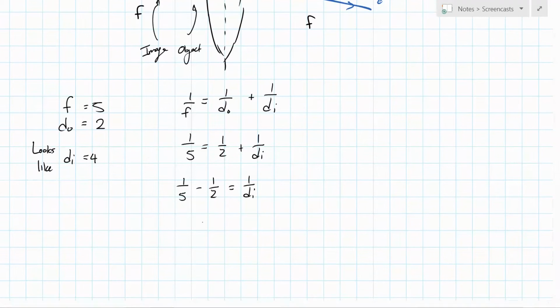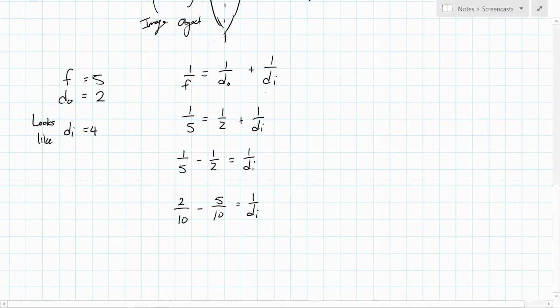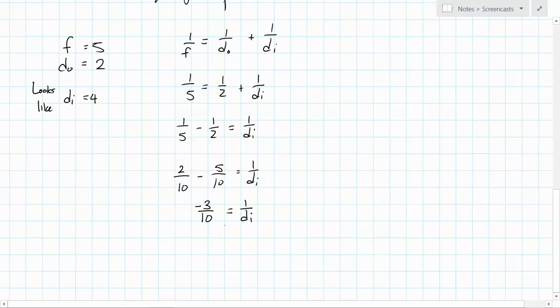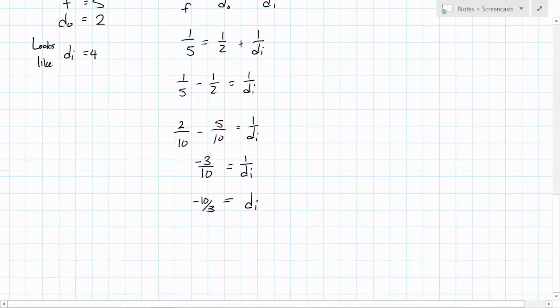Looks like 10 is going to be our common denominator, so 2/10 - 5/10 = 1/di, which gives negative 3/10 = 1/di. And then the important part, this is the tricky bit: I have to flip this, because I don't want 1/di, I want di. So di = -10/3, or di equals minus 3.33 repeating.